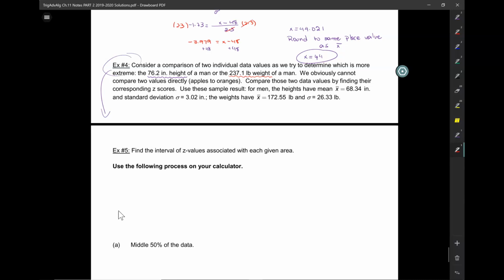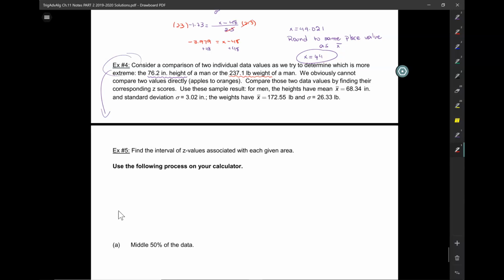Okay, we obviously cannot compare the two values directly because that's like comparing apples to oranges. What we have to do is compare them by finding their corresponding z values. So we have to compare the height to the mean of the heights of men at that age group, and then we have to compare the weight to that mean.